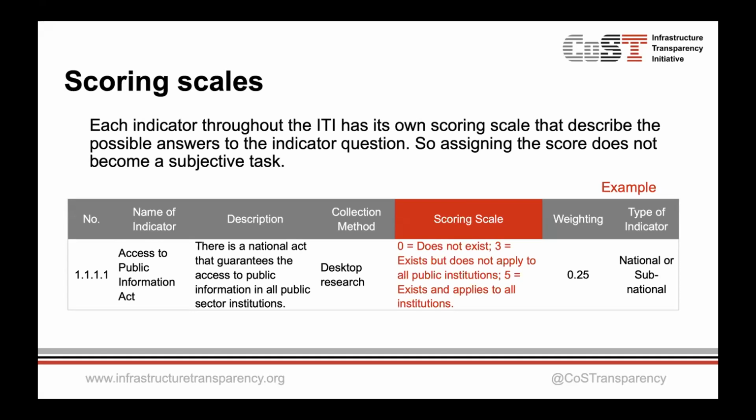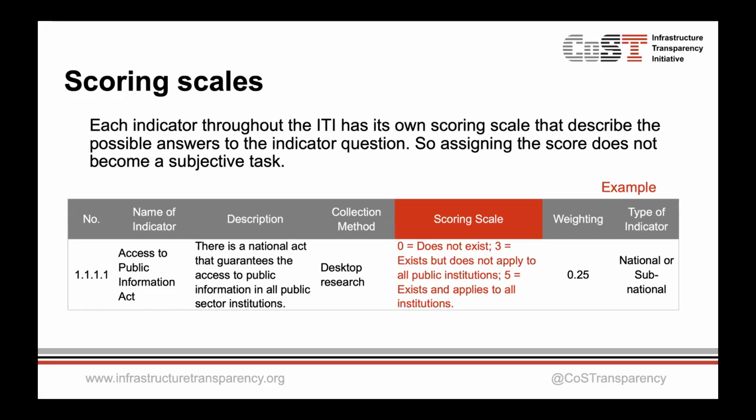All the indicators that are part of the index, and here you can see an example of the very first indicator that's part of dimension 1. You can see what's the indicator, the description, and you can see the indicator has a scoring scale. All the indicators, as I mentioned, have a scoring scale.